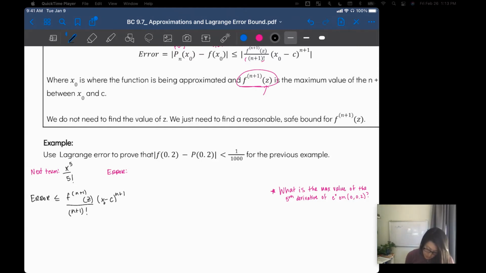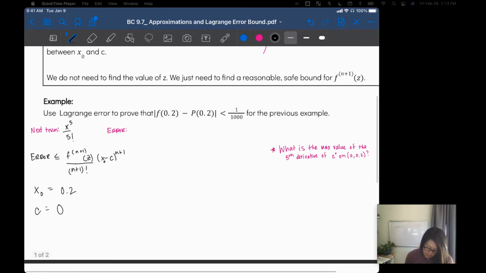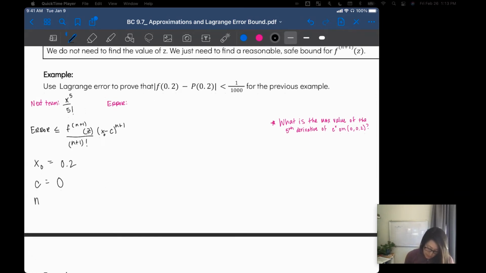Okay, x naught is the value that we evaluated our function at. We evaluated at 0.2. c, our function was centered around 0. And n, the last used term, was 4. So our first unused term would be 5.